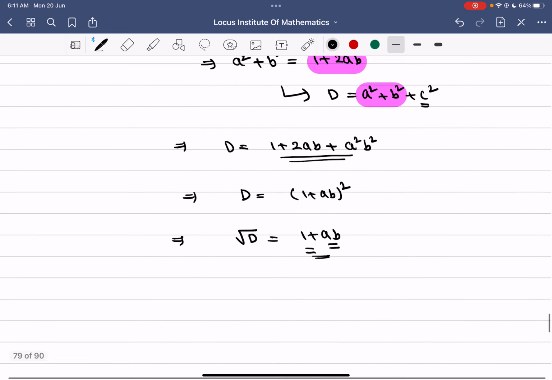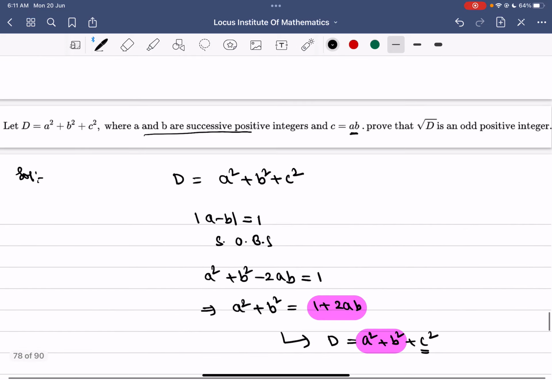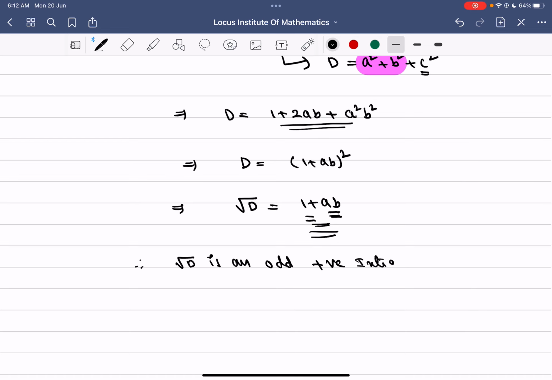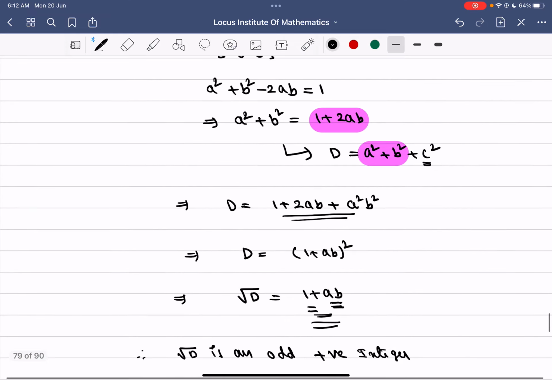Therefore, AB is even. Therefore, 1 plus AB will be odd. Therefore, square root of D is an odd positive integer. So this is the solution.